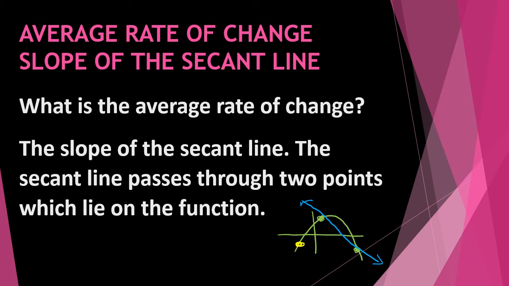I could come over here and pick 2 more points and draw another line. Essentially, a secant line is a line that goes through 2 points on your function, as opposed to the tangent line, which might touch at 1 point on a function. And we will talk about the tangent line another day. So, a secant line goes through 2 points, and the average rate of change is simply the slope of that secant line.